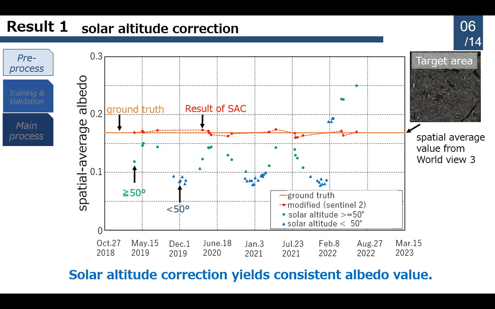The regression formula was established between the ground truth image and these green data. The red one shows the result of the solar altitude correction. So now we have consistent albedo values regardless of the date of the data acquisition.